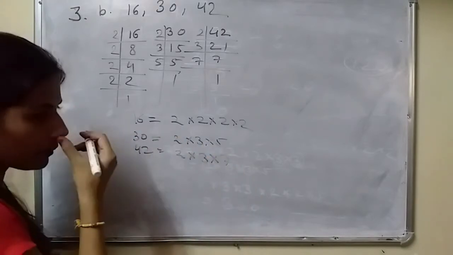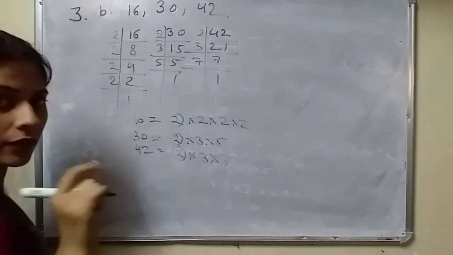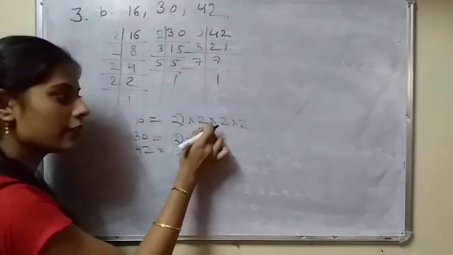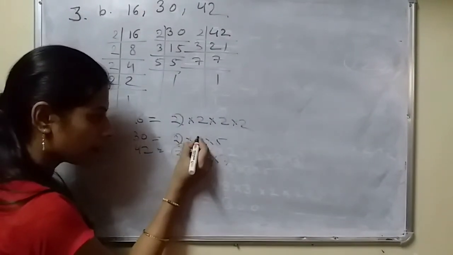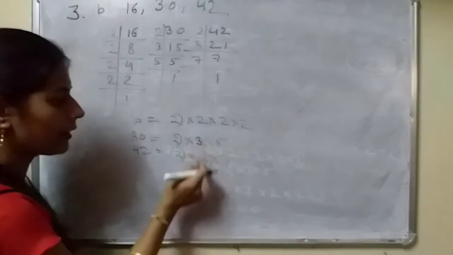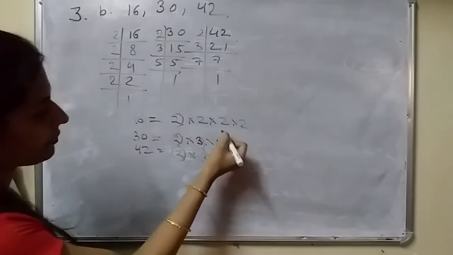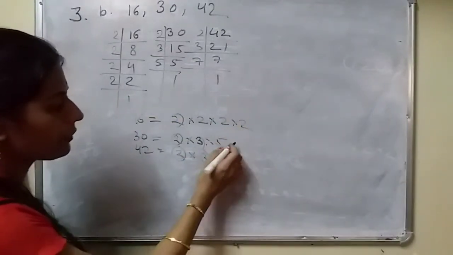Now see which are the common numbers you can see here. This is 2. Now see in these 2 numbers you can see 3 also, but 3 is not there in the other, but that doesn't matter here in LCM. If you are finding 3 as a common factor in 2 numbers, then it is common here. Now see remaining numbers are 2 into 2 into 2 into 5 into 7.